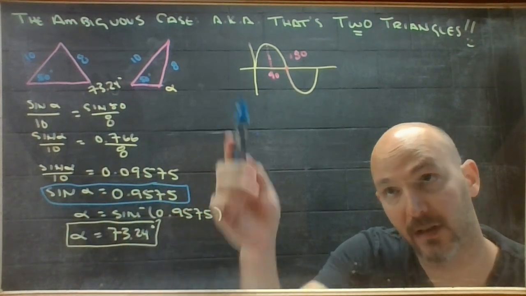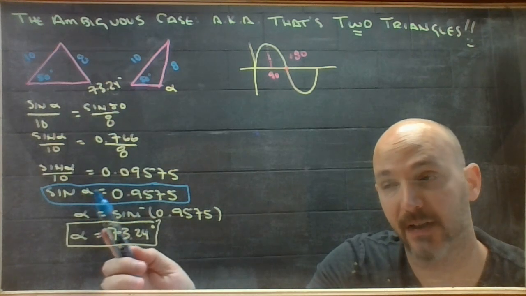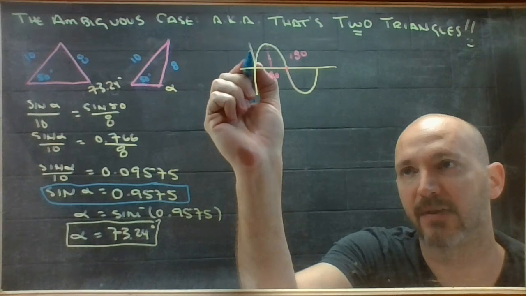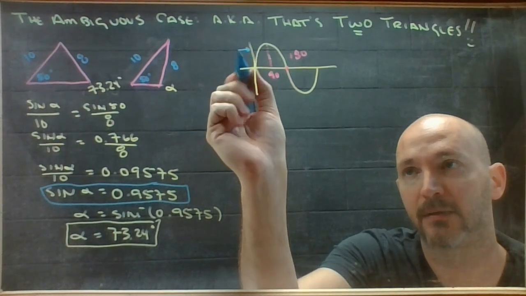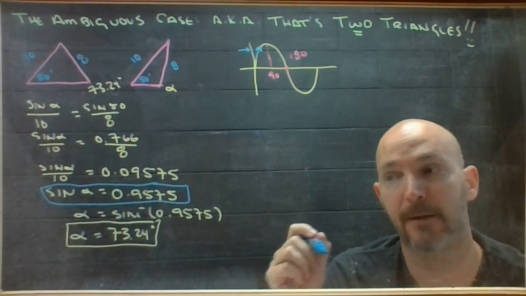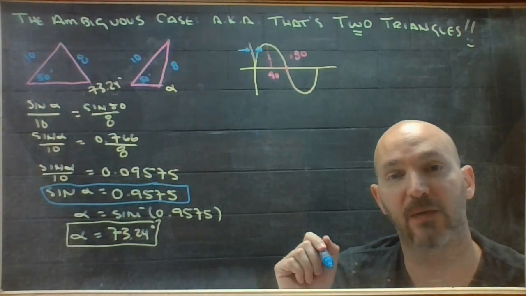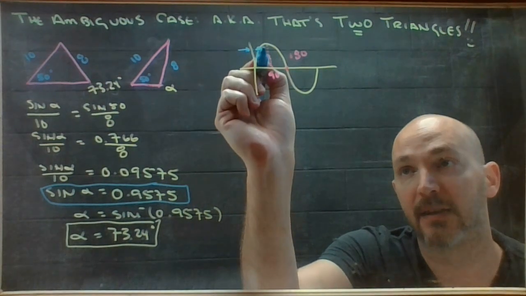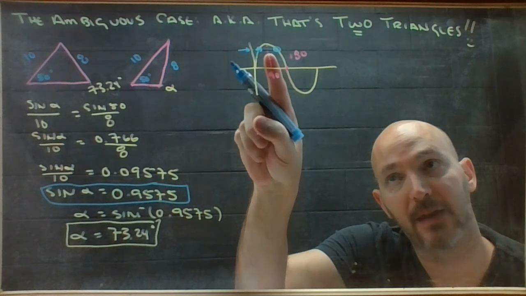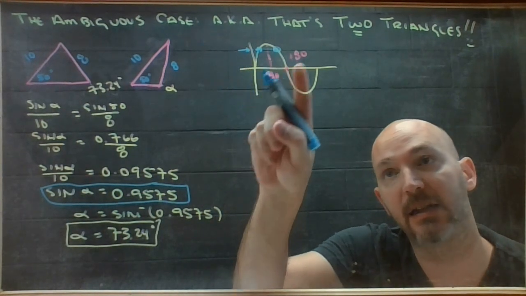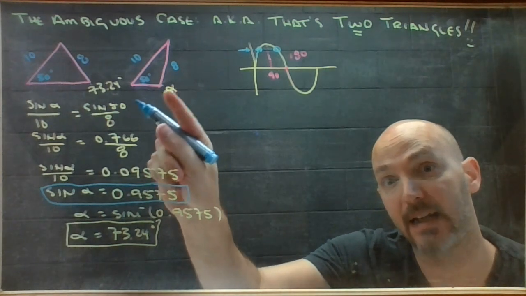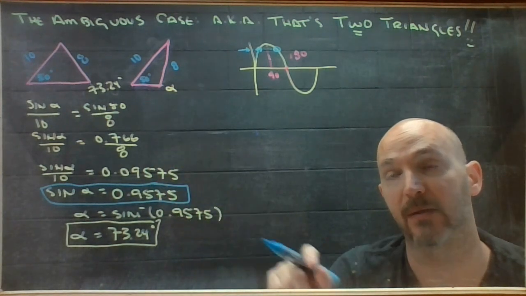Now on the graph, that's an x value, that's a y value. So y value of 0.95 is around here somewhere. If I look across, there's a solution right there. That's at 73.24 degrees. There's another solution here. That solution there is bigger than 90, less than 180. That's exactly the kind of angle I need in this triangle for this solution.